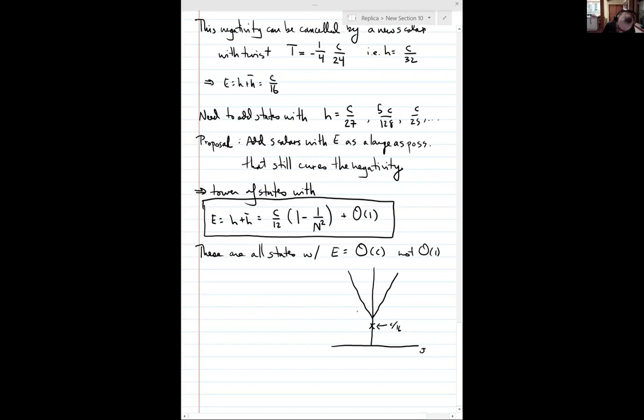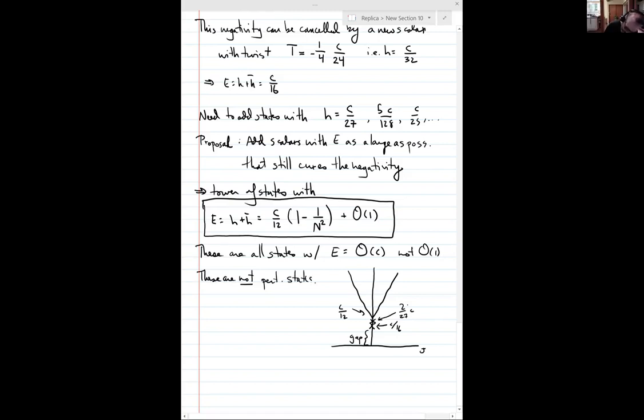The black hole threshold, I remind you, is c over 12. And then there's another state here with energy 2 over 27 times c, and so on and so forth. But the point is that there's still a gap here of order c. So these are not perturbative states. So this is not a coset-like spectrum. That's what I wanted to ask.